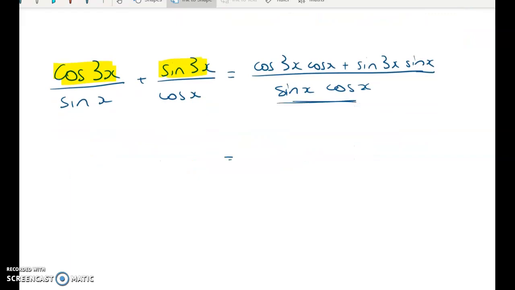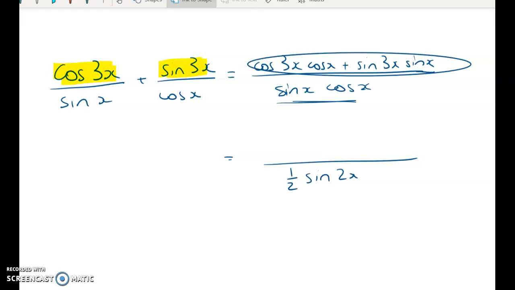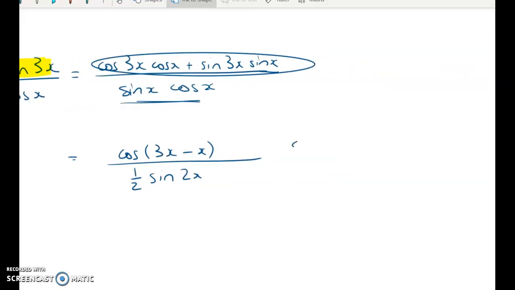This is half of sine 2x. This is my compound angle formula, and it's cosine of 3x minus x. If you want to go out the side and write, since cos of a minus b is equal to cos a cos b plus sine a sine b, you could do that, but I don't think you needed to.